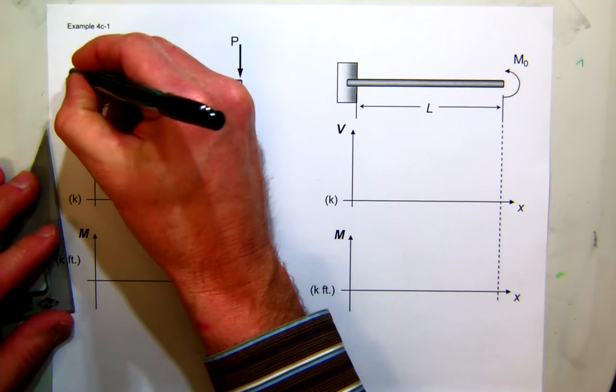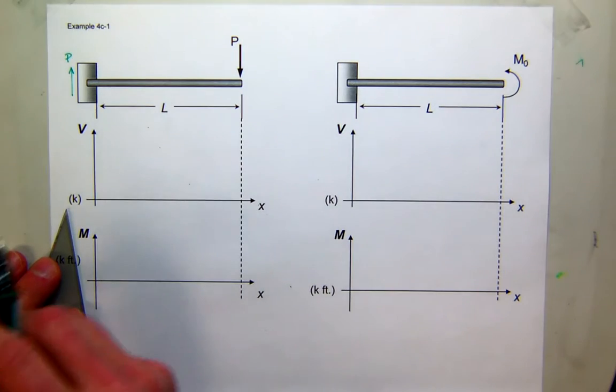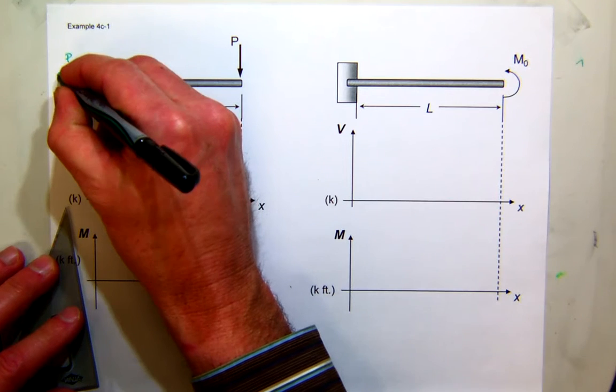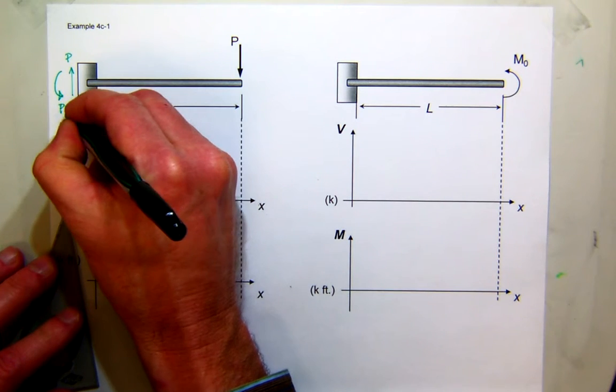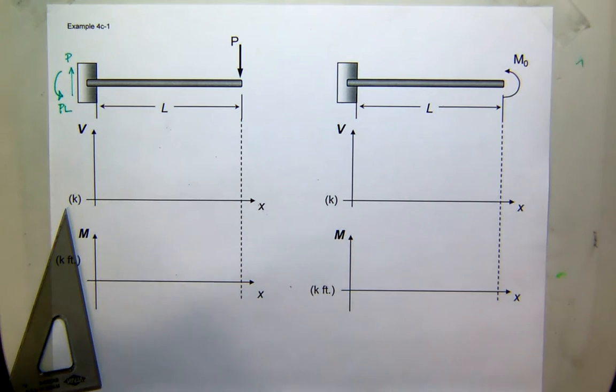I think it's going to be up, and it's going to be equal to P, and that's positive shear. And the bending moment will be negative and be equal to PL. Okay? So with that as a starting point, let's draw the shear force and bending moment diagrams.